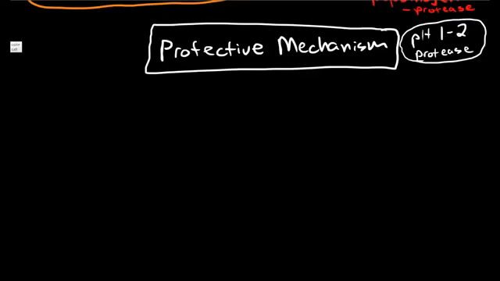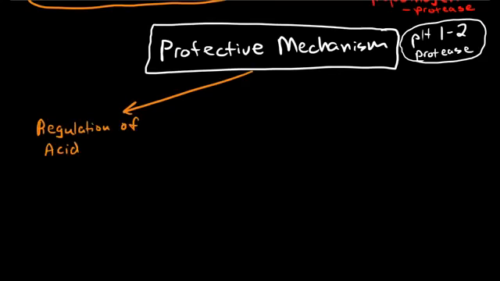So the first protective mechanism that we have is regulation of acid production. And this is very important because we don't have a pH of 1 to 2 all the time. It only gets very low at times when there is food in the stomach, in particular amino acids.